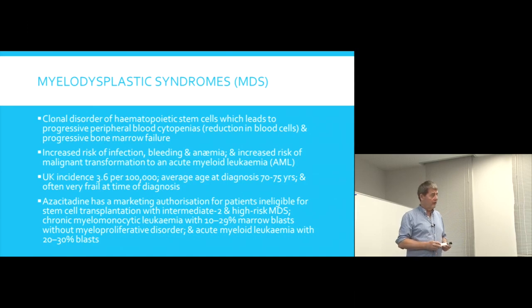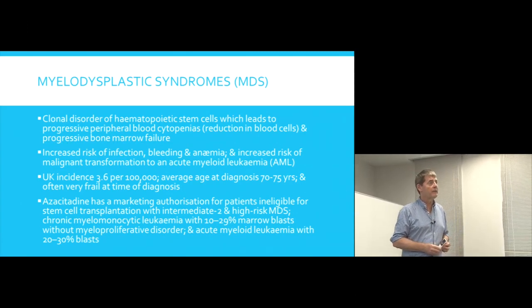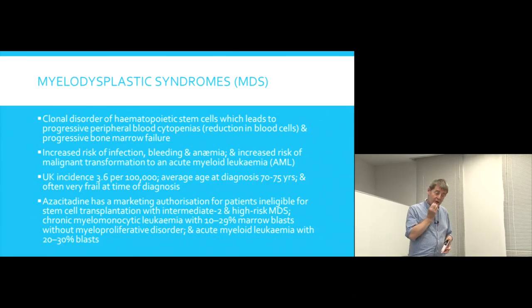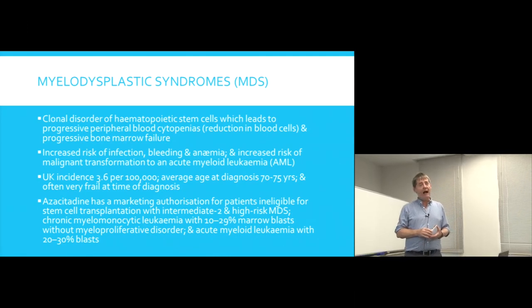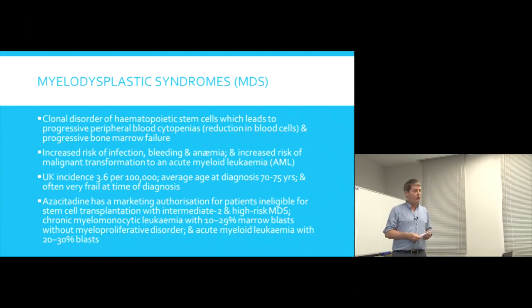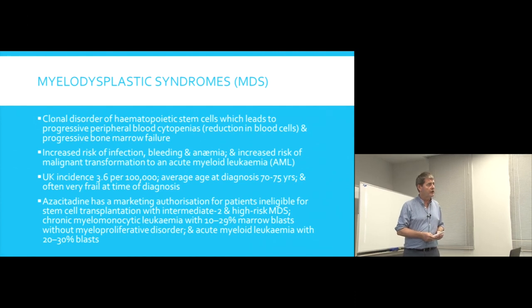And also, there's an increased risk of transformation to something called AML, acute myeloid leukemia. So it's a pretty nasty condition. It's not very common. UK incidence is 3.6 per 100,000. Average age at diagnosis 70 to 75. And quite often these patients are fairly frail when they're diagnosed.